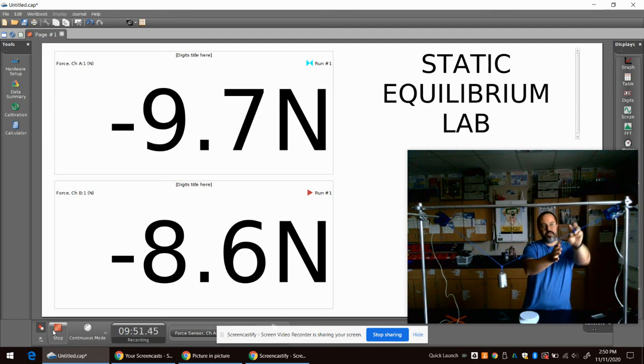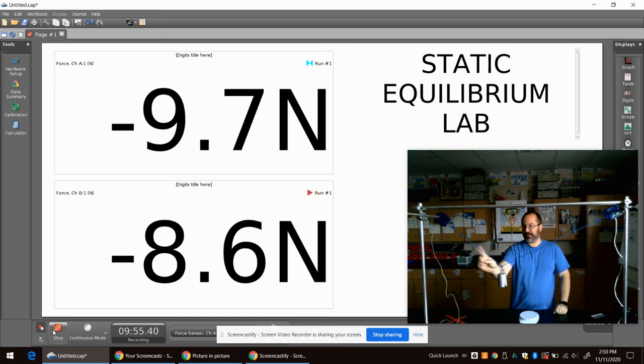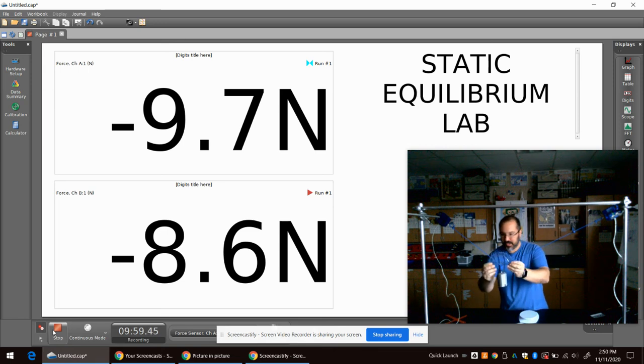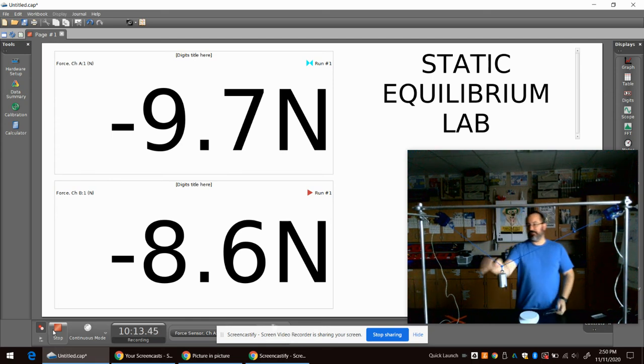That when the angle was steeper, and the angle is going to be steeper here than it is here, we take our protractor and we measure it, and we find that the angle on this side is approximately 40 degrees, and the angle on this side is 25 degrees. So we have a 25-degree angle, we have a 40-degree angle.